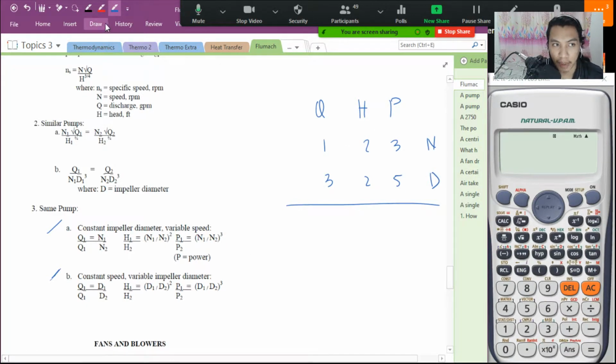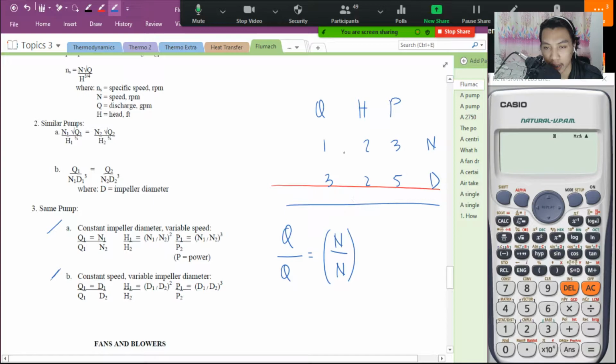Ngayon, pag-usapan natin to, okay? How about sabi dito, constant daw ang diameter. O di i-cross out mo tong diameter na to. Dito ka lang kukuha ng value. Okay? So how about yung variable ang speed mo? Okay. Ano yung magiging power niya? So, Q over Q equal to N over N. Tignan niyo yung power nandito, yung hindi na cross out.